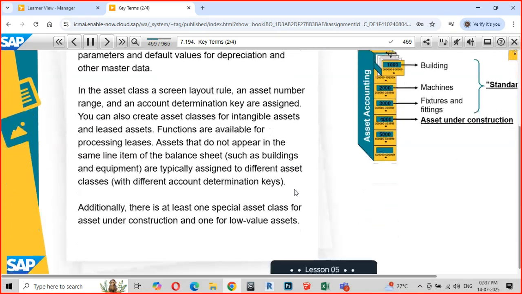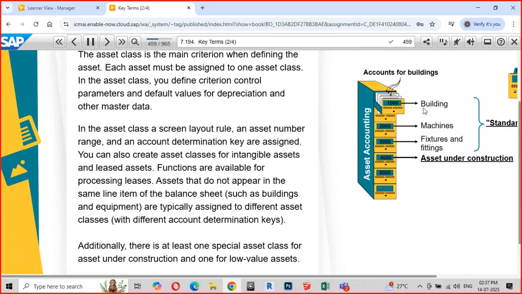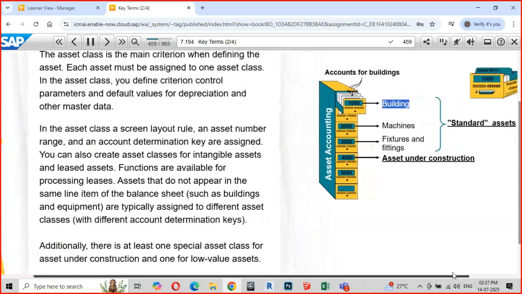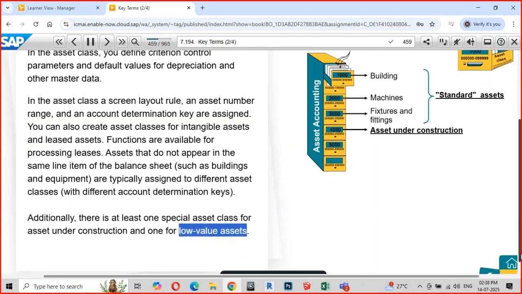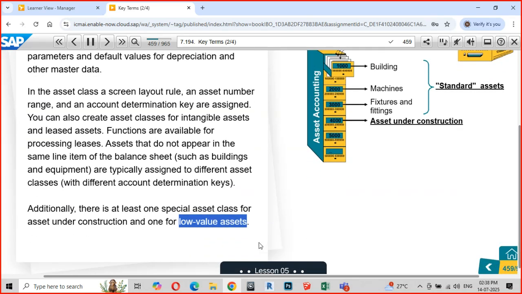So we have all got used to this: building, machines, furniture and fixtures, AUC. So you have standard asset classes already provided by SAP. We also now know what is AUC and LVA also. I think you would be the best people to tell me more about LVA, right?